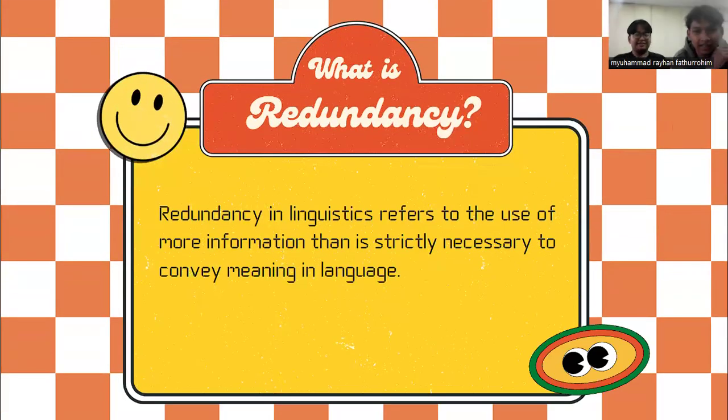Redundancy in linguistics refers to the use of more information than is strictly necessary to convey meaning in language. Redundancy in English grammar refers to the use of redundant or unnecessary words or phrases in a sentence or text.